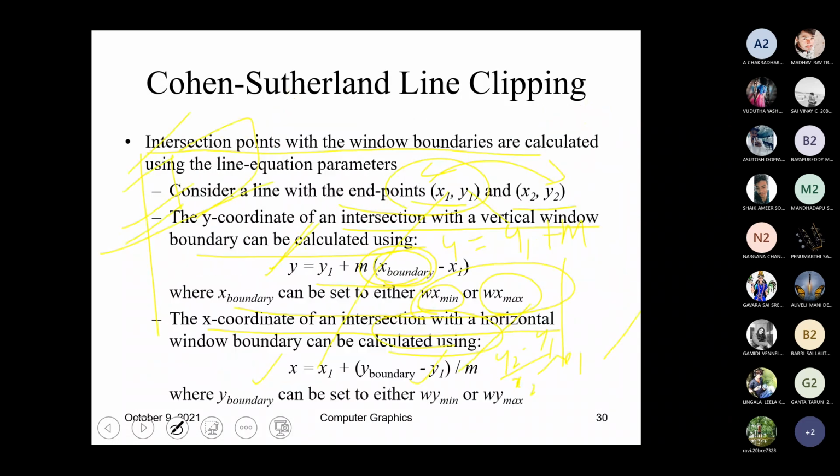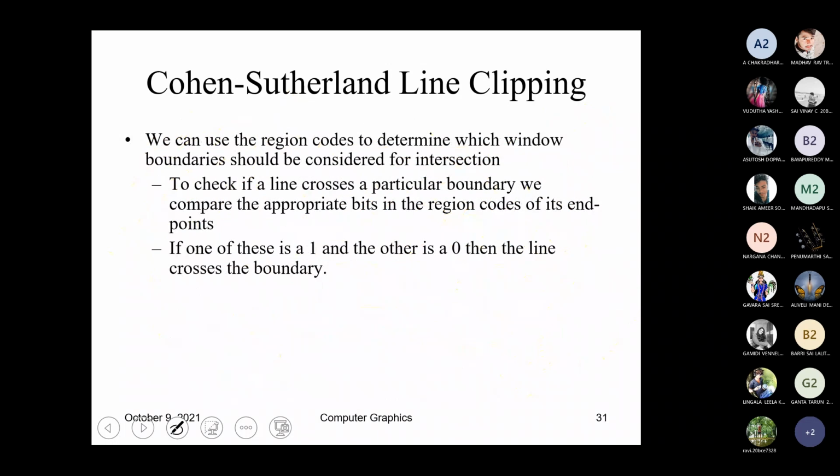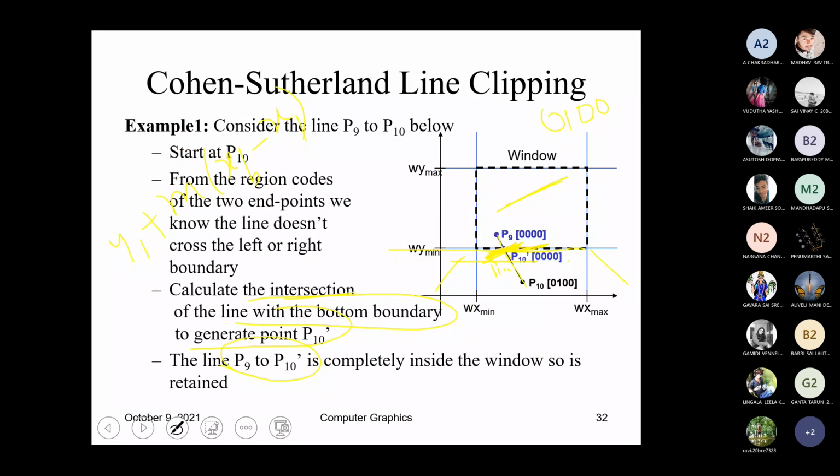What is your x value? x1, it is not x, it is x1. Okay, x1, y1 we know. What is x1, y1? The P10 value, right? x1, y1. This coordinate value you should take as x1, y1.